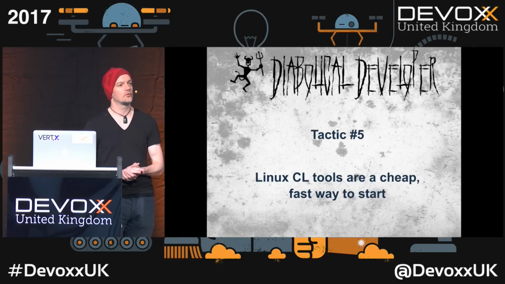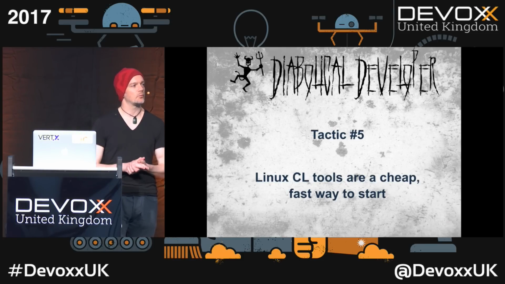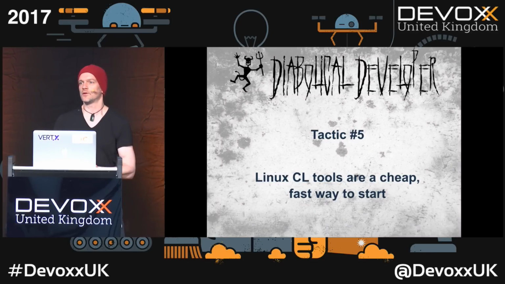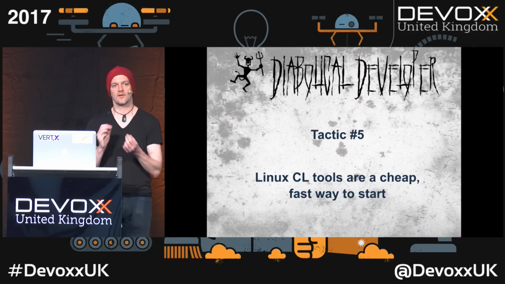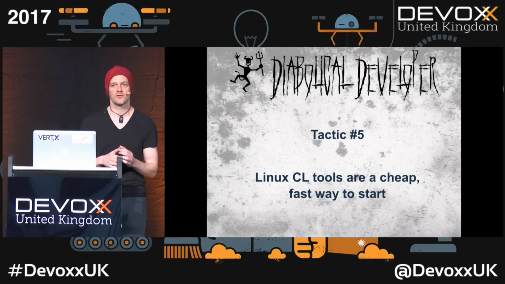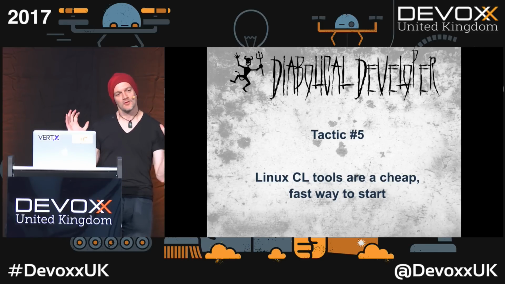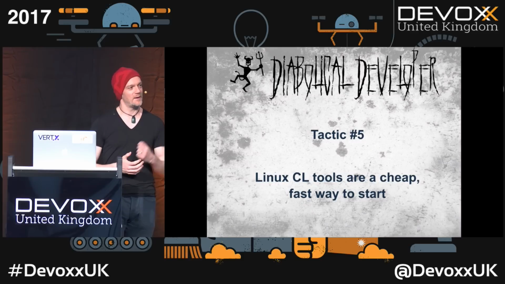So Linux command line tools are the cheapest, fastest ways to very quickly figure out what's going on. So learn how to use them. If you don't know how to use them, go talk to your local system administrator. It's actually the best way to start bridging that gap, because I know most system administrators hate developers and most developers tolerate system administrators. The DevOps movement was supposed to bring the two together, but I think there's still a major cultural split there.